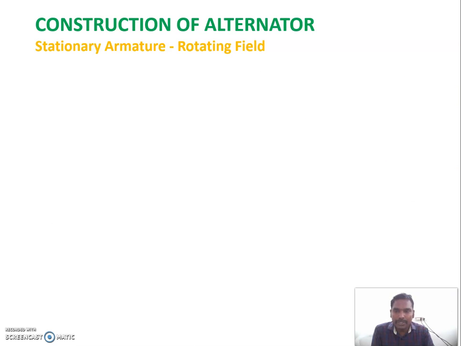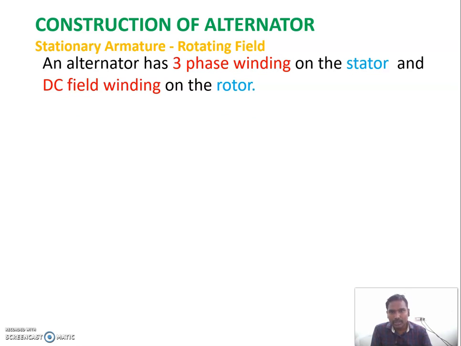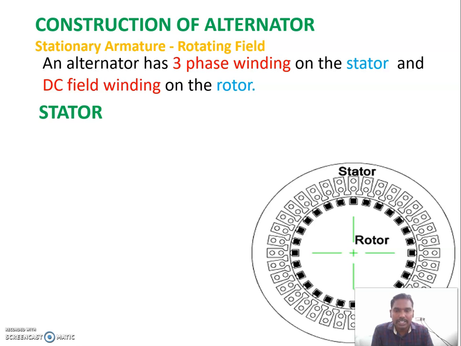Now we will move into the construction of the alternator, with both stationary armature and rotating field. Our alternator has a 3-phase winding on the stator and the DC field winding on the rotor. This is your stator structure. See this, this is the stator. The stator has slots, so these are the slots.